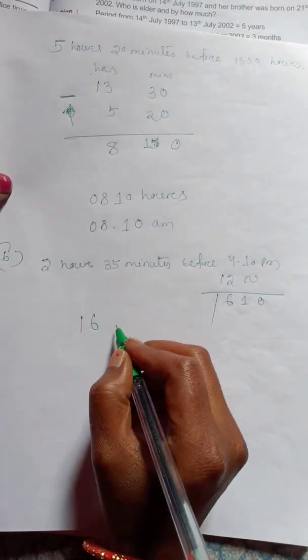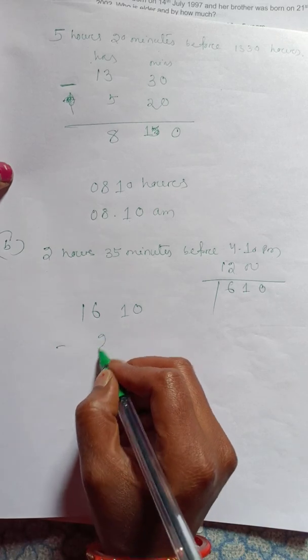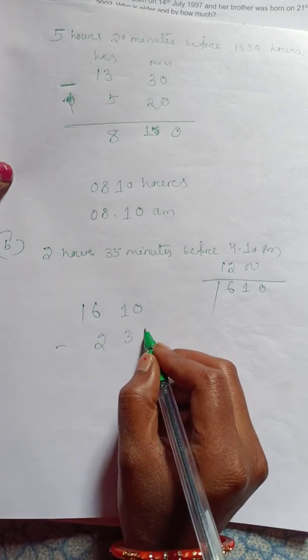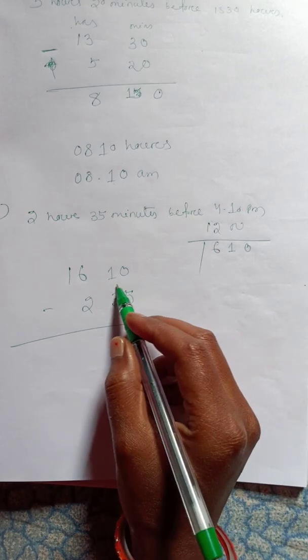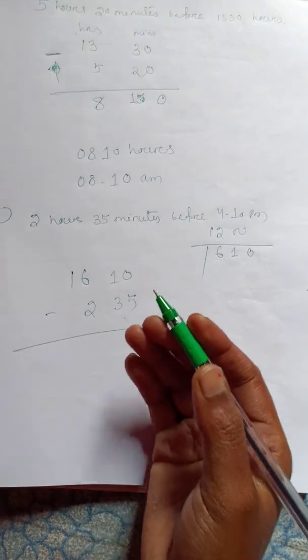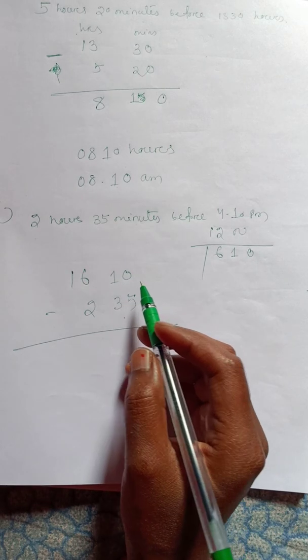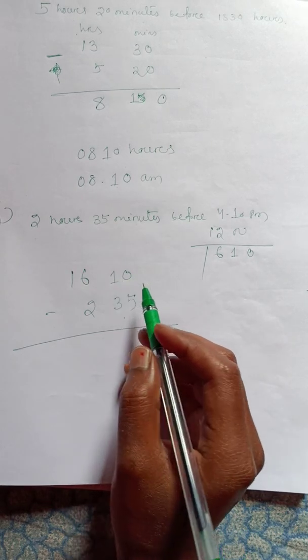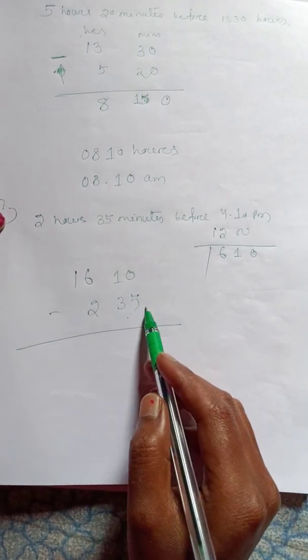Now 16 hours 10 minutes. Then subtract 2 hours 35 minutes. So 10 minus 35 is not possible, because here it is 10 minutes, here it is 35 minutes.